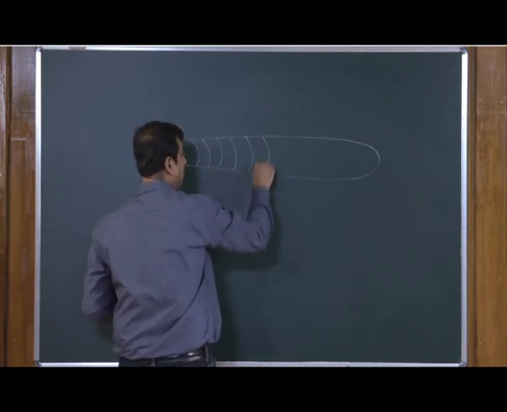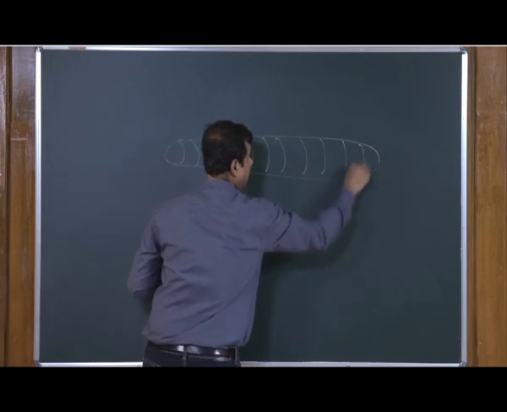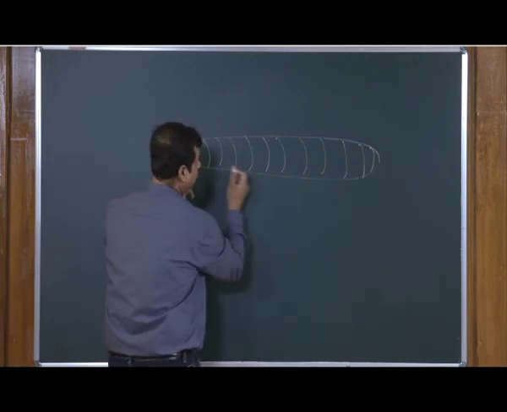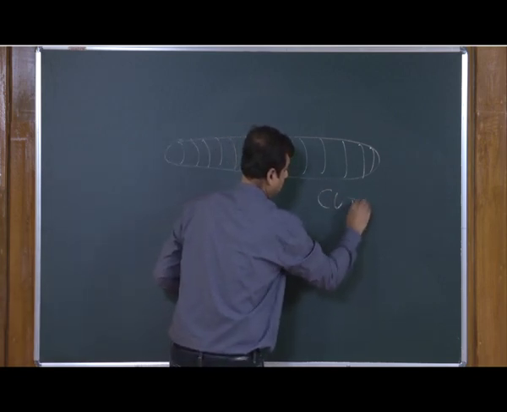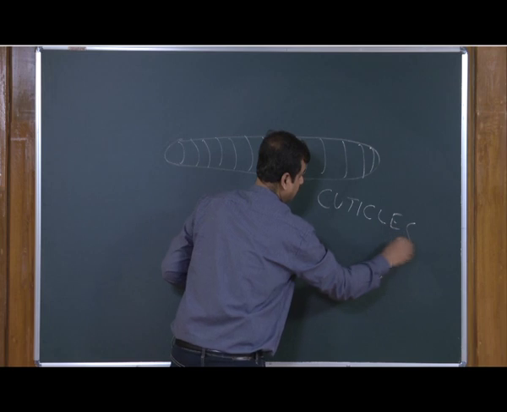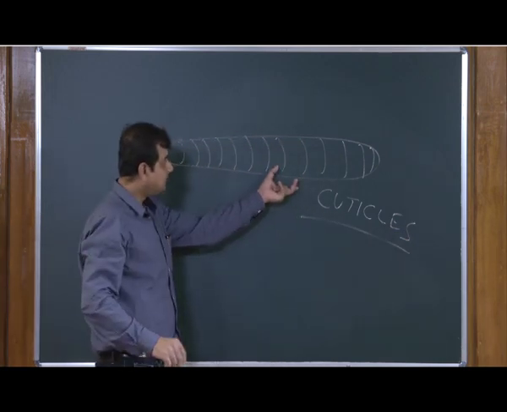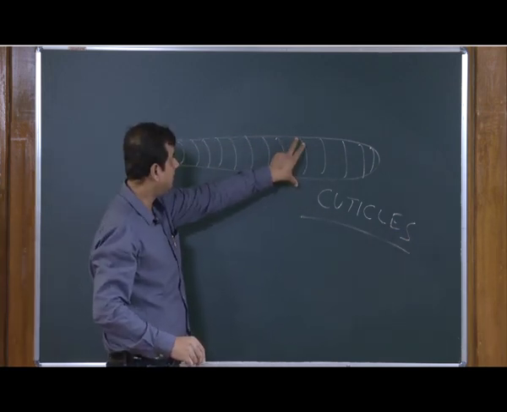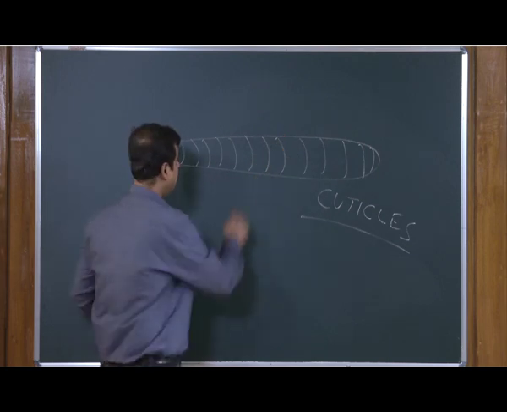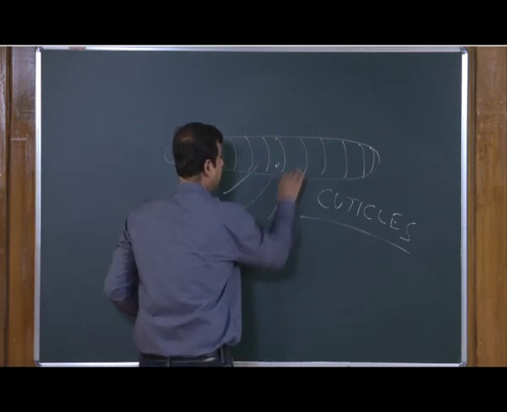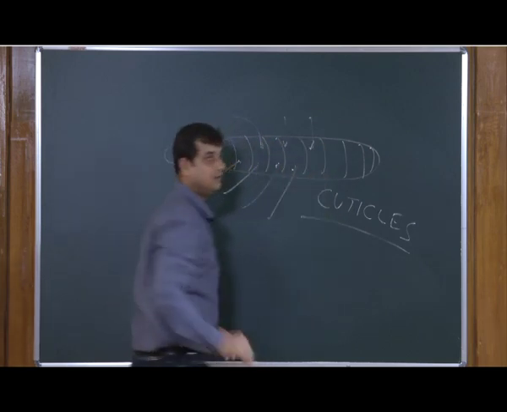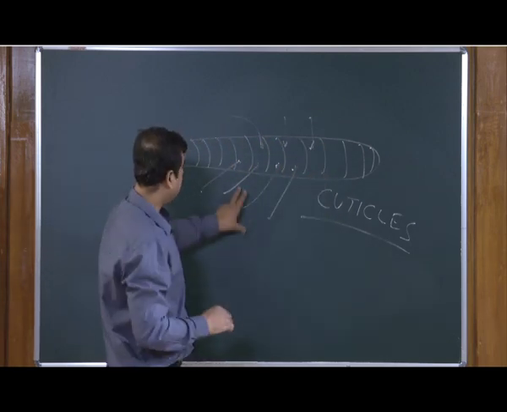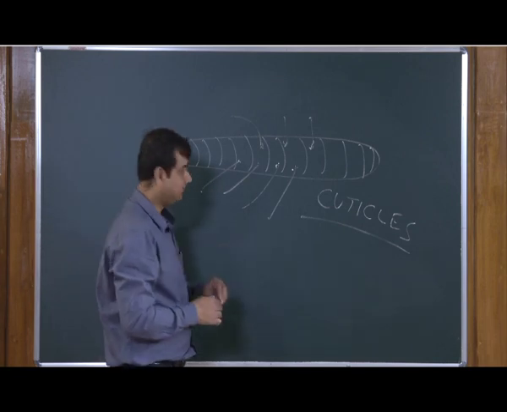Their whole body area is divided into segments, and these are called cuticles. The cuticle is the aspect involved in gaseous exchange in Annelida, the earthworms.